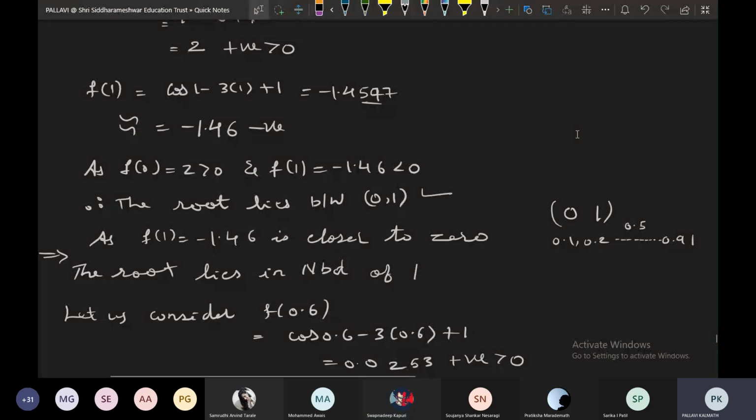Out of minus 1.46 and 2, which is closer to 0? Minus 1.46.